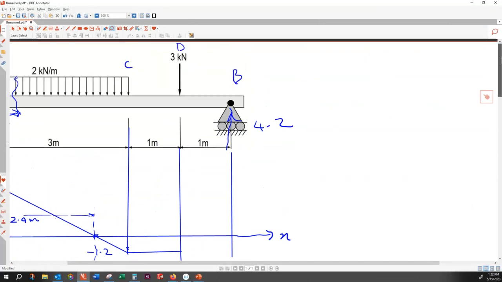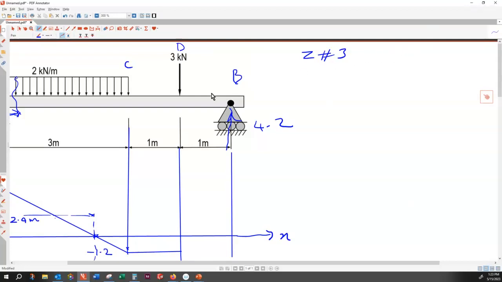Okay, for zone number 3, before I proceed, is everyone happy with zone 2? Do you want me to repeat anything? All right, thank you, Porty. Let's go to zone 3.